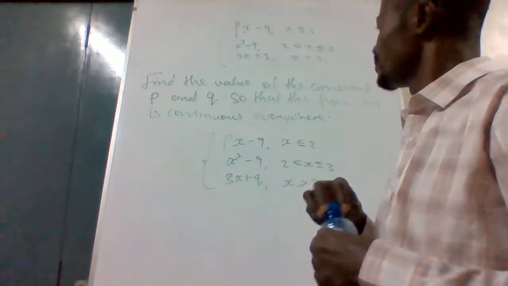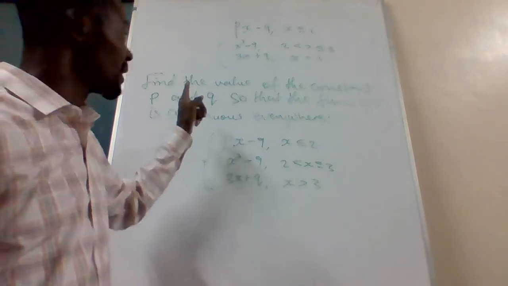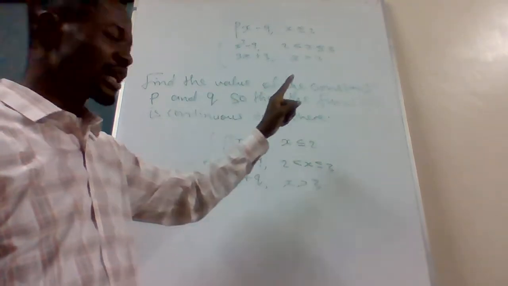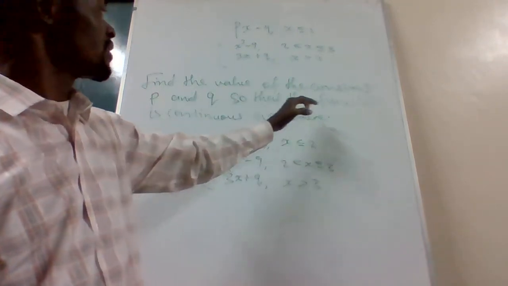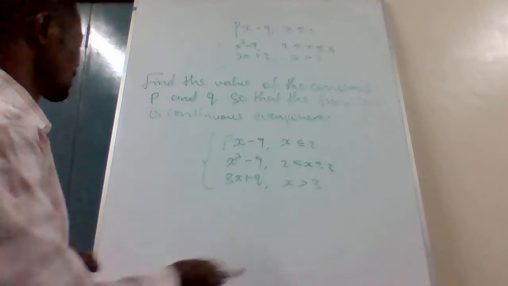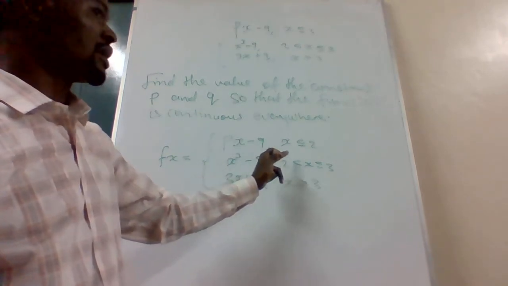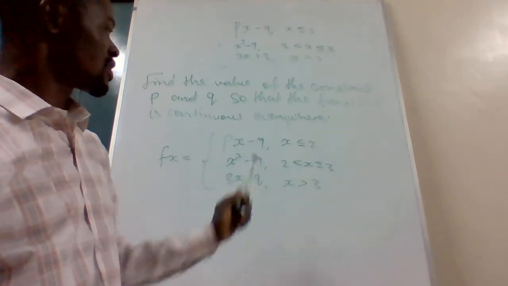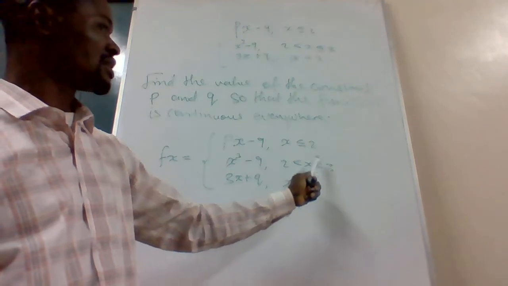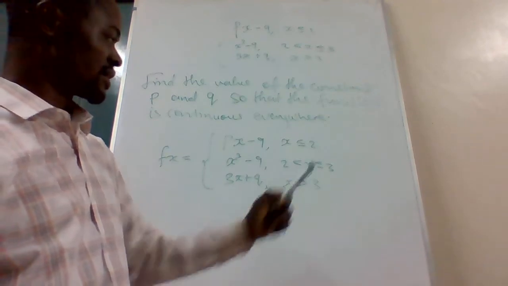Here is our question. We are to find the values of the constants p and q so that the function f of x is equal to px minus 9 for x less than or equal to 2, x cubed minus 9 for 2 less than x less than or equal to 3, and 3x plus q for x greater than 3.